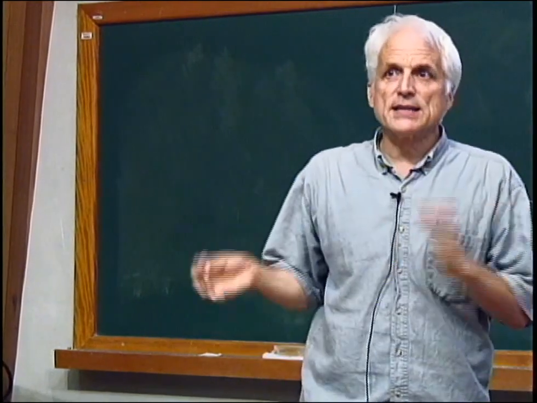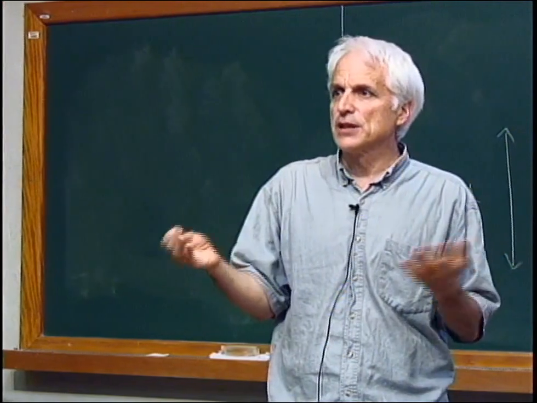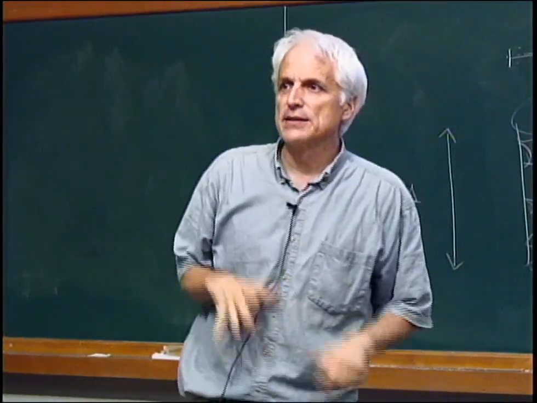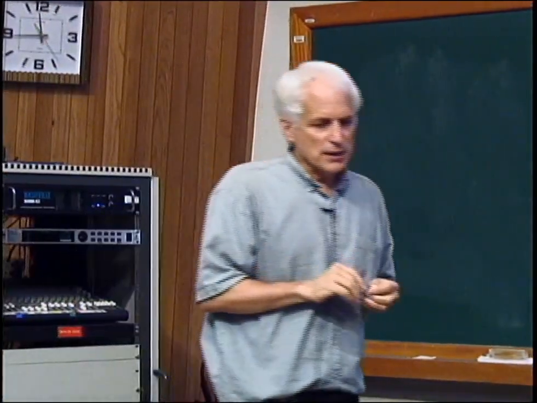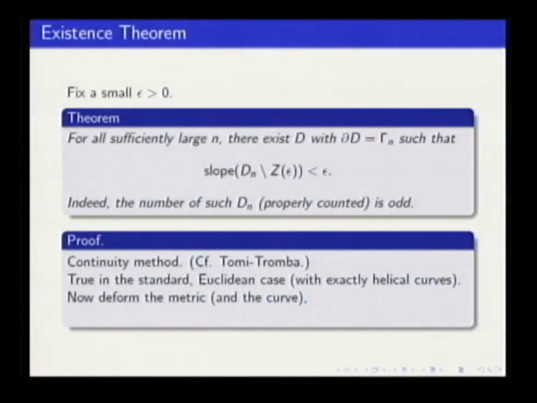Notice in that process, though, that the oddness or evenness is preserved, because either two come together and cancel out, or two get created. So if you start with an odd number and then you deform it, you'll end with an odd number.